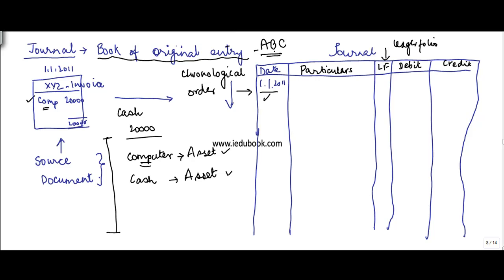From ABC's perspective, they are receiving a computer. When you receive an asset, it is an increase in your asset, and if an asset is increased, the asset is debited. So we write computer account debited. DR stands for debited. How much? The value is 20,000.